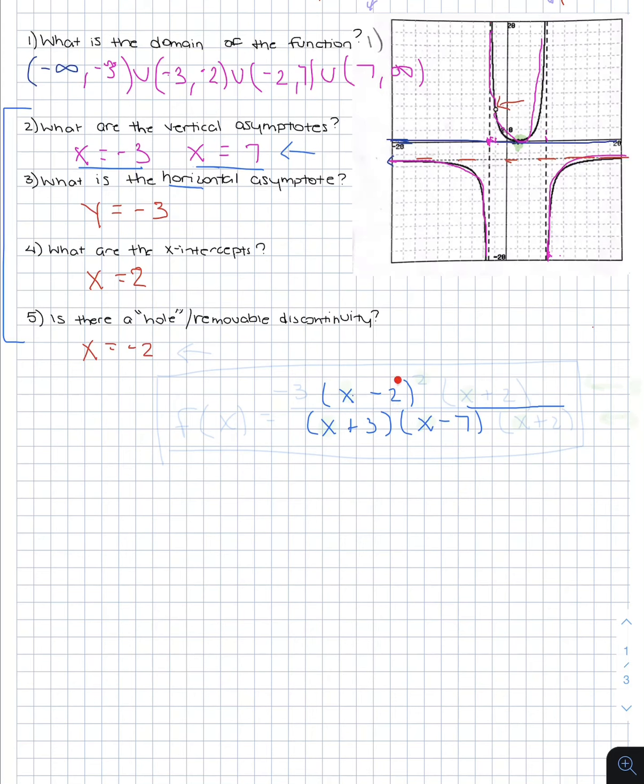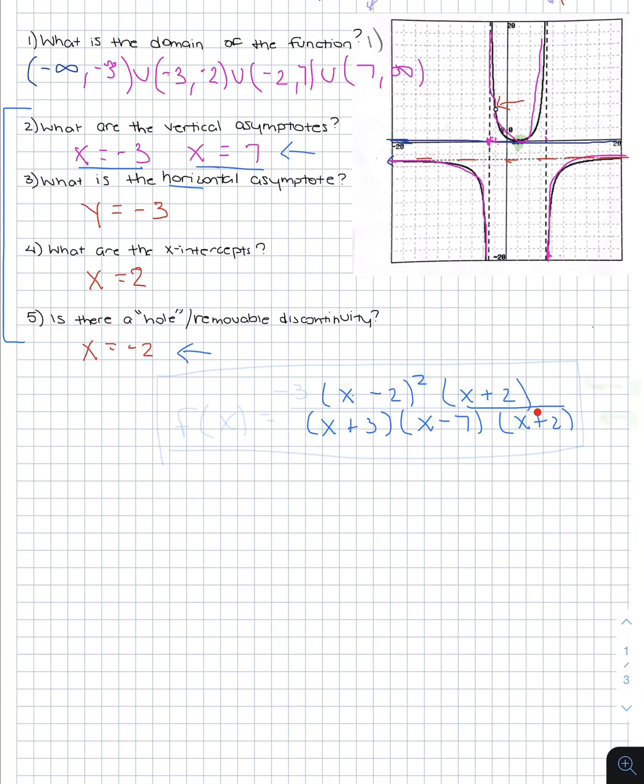And by looking at the graph, at this point, we said that it has a multiplicity of 2. So that means that it is being squared. And since it has a hole at x equals negative 2, that means that the factor of x plus 2 was simplified in the numerator and denominator.